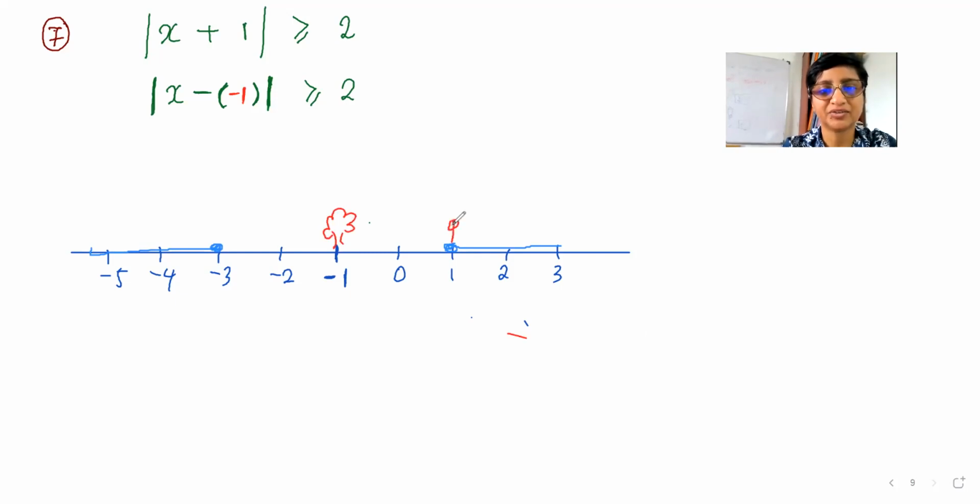You have to be 2 units away, so you can be here or anywhere here. Put an arrow to show it goes. You can be here or anywhere there, because you have to be 2 steps away from the tree or more than that. Is this clear? Okay, now.